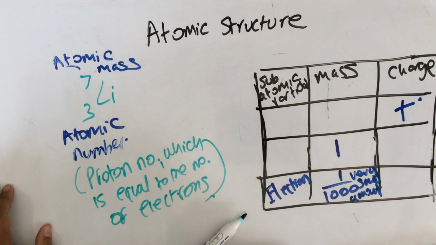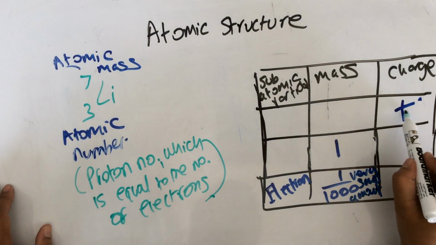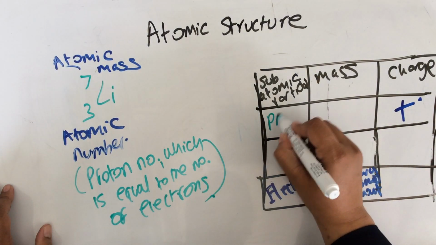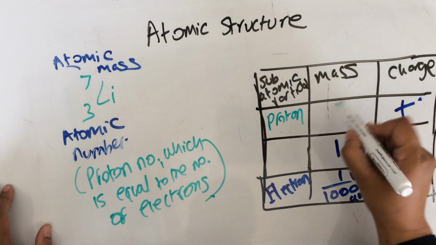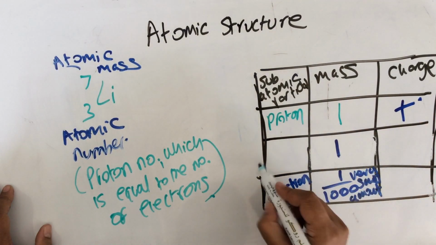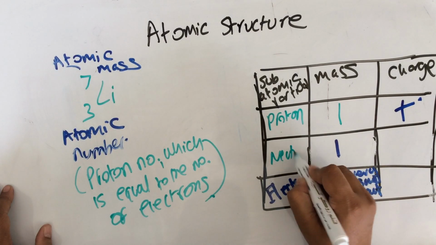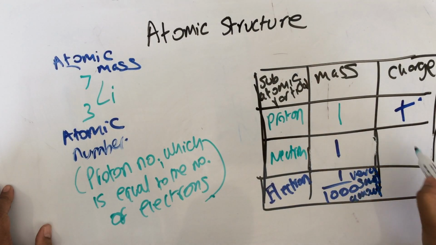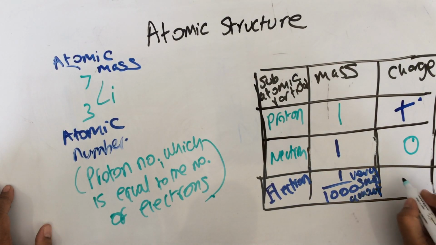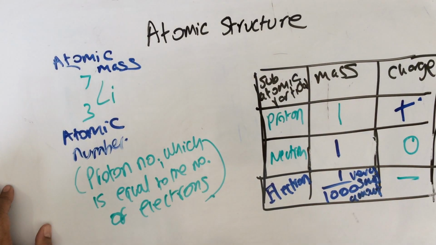If you know this is a plus charge, then there must be a proton, so you write in proton, and the mass on a proton is 1. If there's one other, that leaves a neutron, and the charge on a neutron is 0. We said that electrons have a negative charge. So this could potentially be worth 2 or 3 marks, depending on how many boxes it leaves for you.